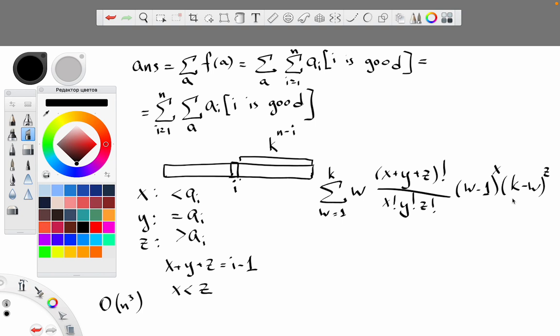So when we sum it up, it is also a polynomial in k. Then we sum that power of w from 1 to k, it will also be a polynomial in k. And then we sum up the products of polynomials in k. Great.